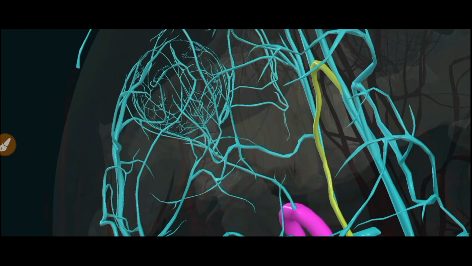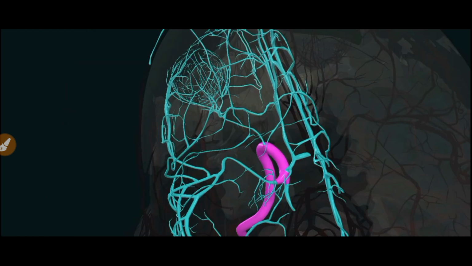OPAMA, remember: ophthalmic branch, you can see there, posterior communicating, anterior cerebral, middle cerebral and anterior choroidal. So you can remember it as OPAMA. That is the anterior cerebral and ophthalmic that you are seeing there.